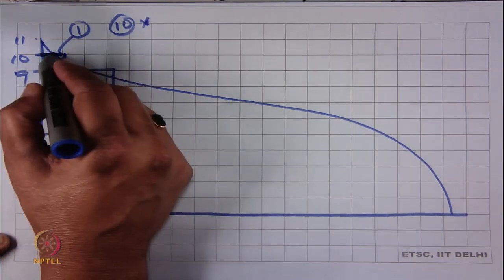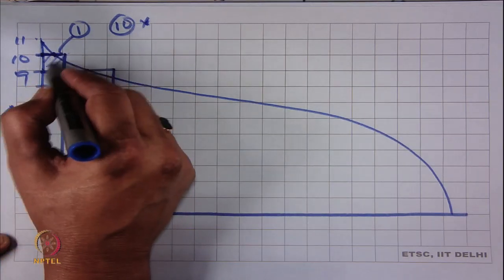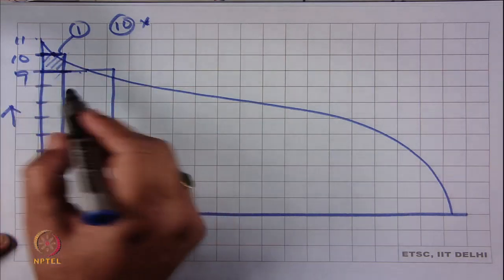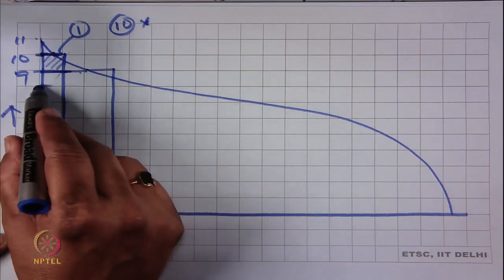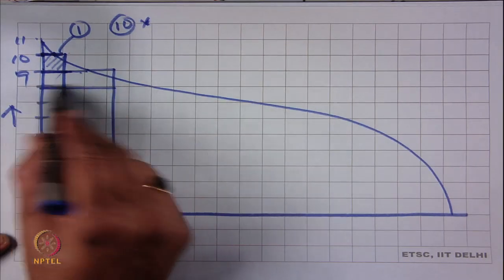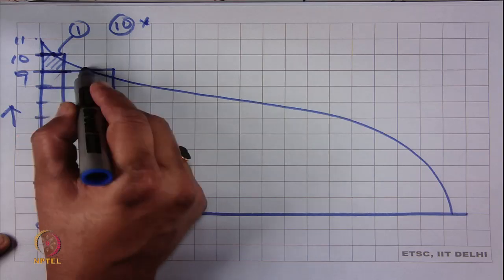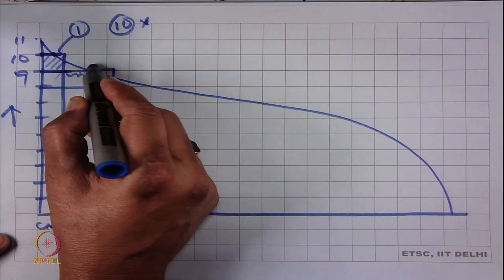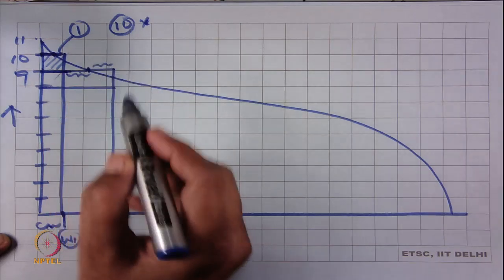So, now we are trying to measure the area of this rectangle, it almost looks like a square, but it can be a rectangle. Now, the second one will be this one, because this is the point intersecting. So, this distance is equal to this distance. Okay. In this way we are forming.